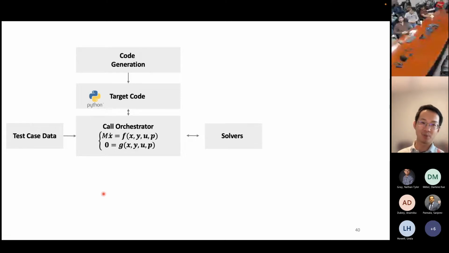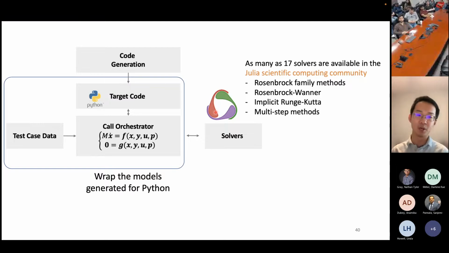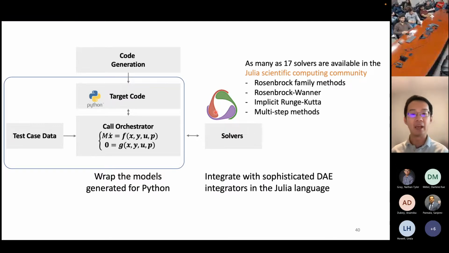The first one that came to my attention is the availability of many DAE solvers in the Julia scientific computing community. There are a number of solvers named here, but they're implemented in a different language. Can we wrap those models generated from Python and interface them with the sophisticated DAE integrators?